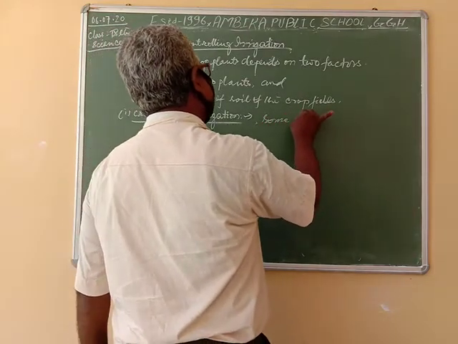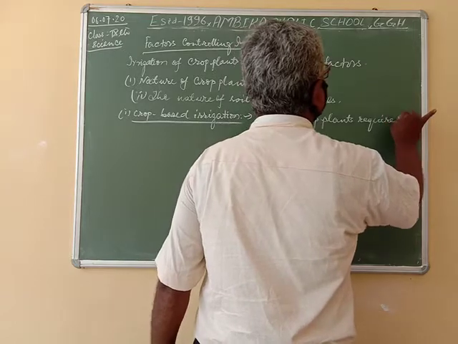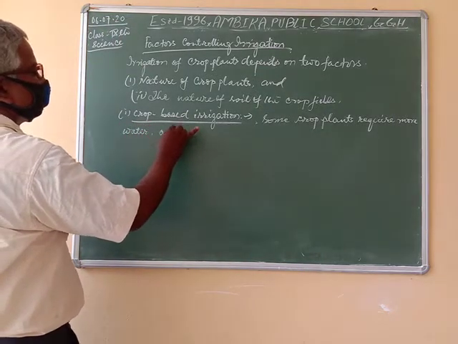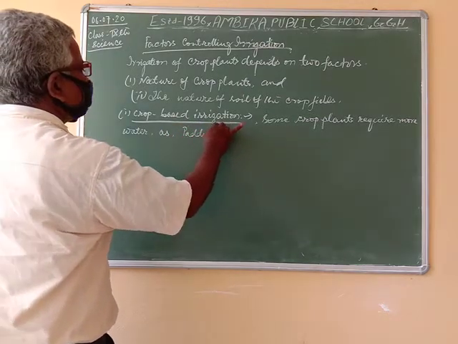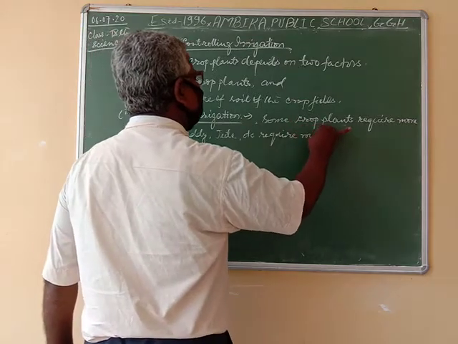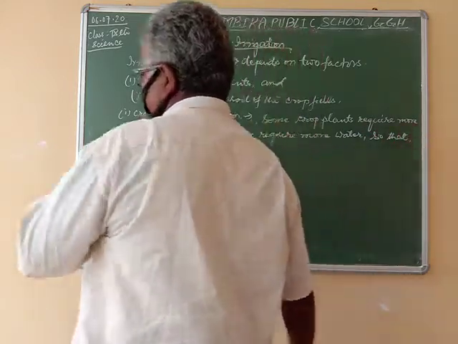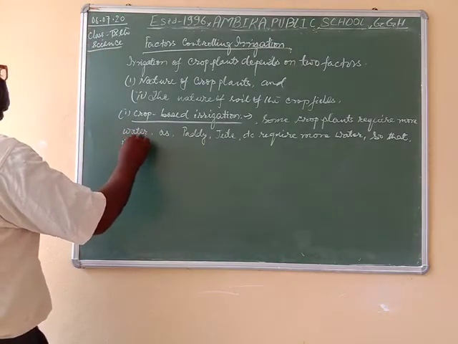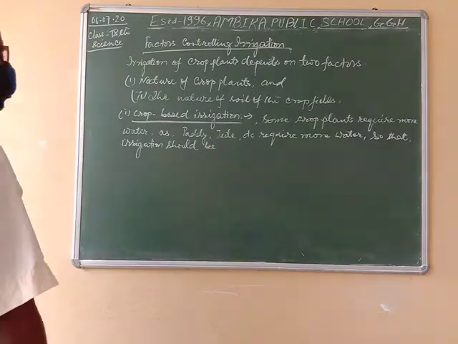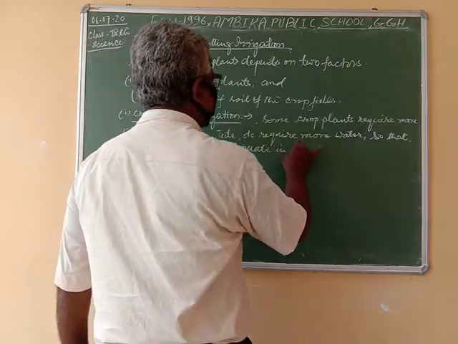Some crop plants require more water, as paddy, jute etc. require more water, so that irrigation should be plenty, adequate in these plants.